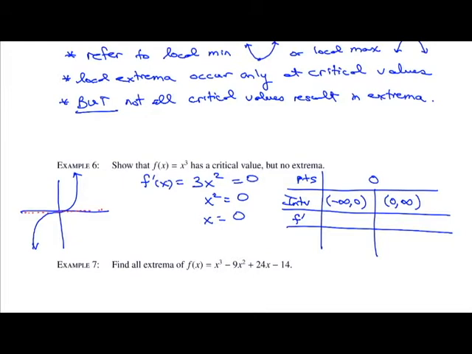The key to looking at f prime is right here. Since you have 3x squared, because of the squared part, everything is always positive or 0. It's never negative. The only place it's going to be 0 is at 0 itself. So in these intervals, it's always going to be positive.